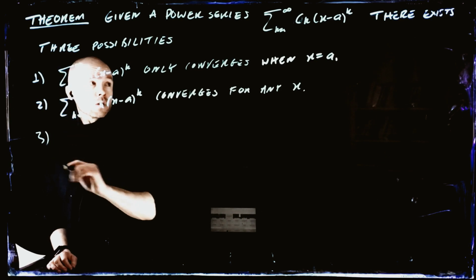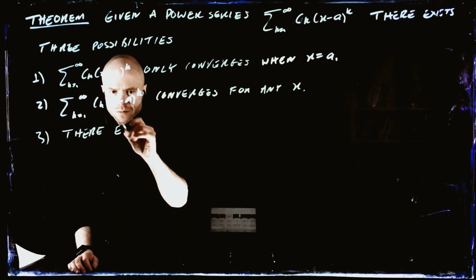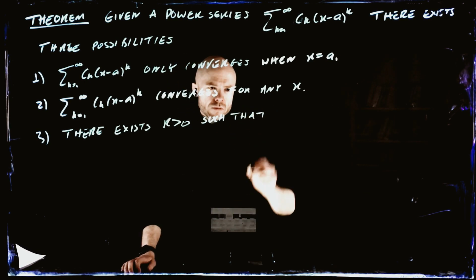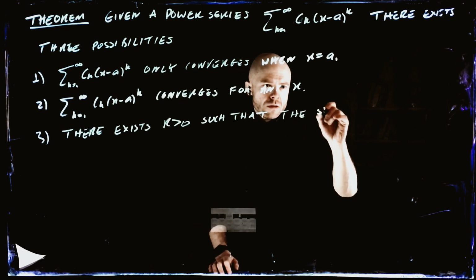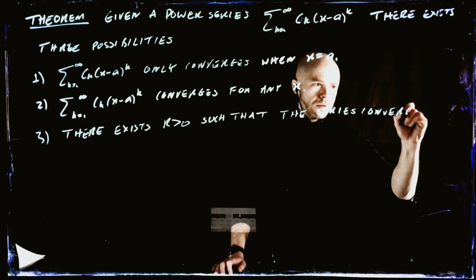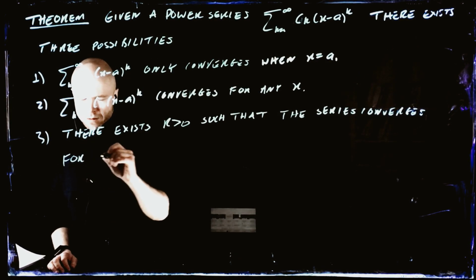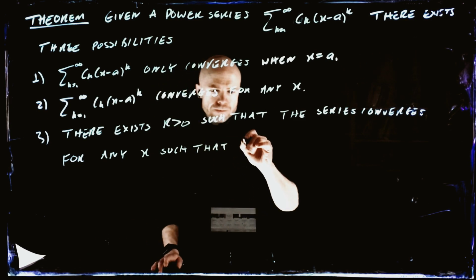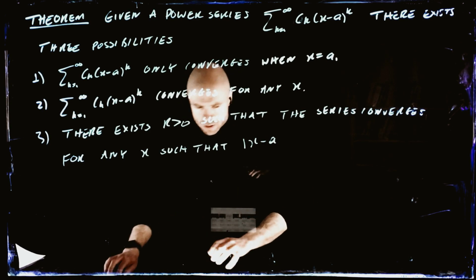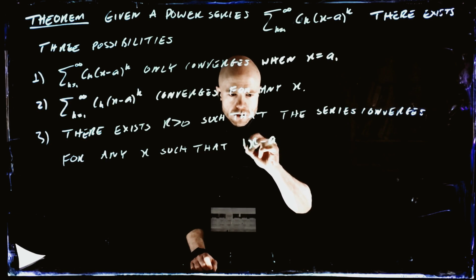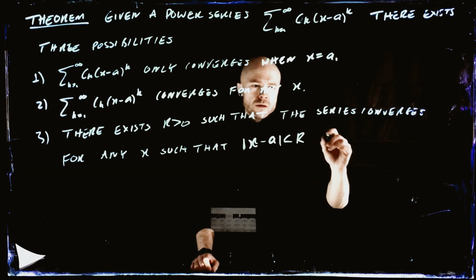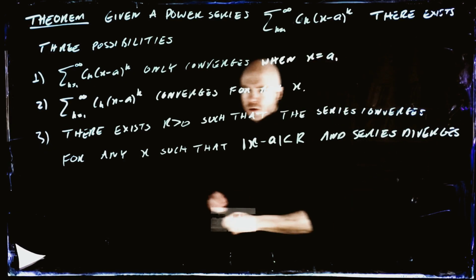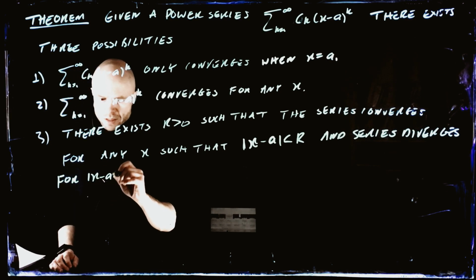And the third possibility, there exists R such that the series converges for any x such that mod x minus a is less than R, and the series diverges for mod x minus a is bigger than R.